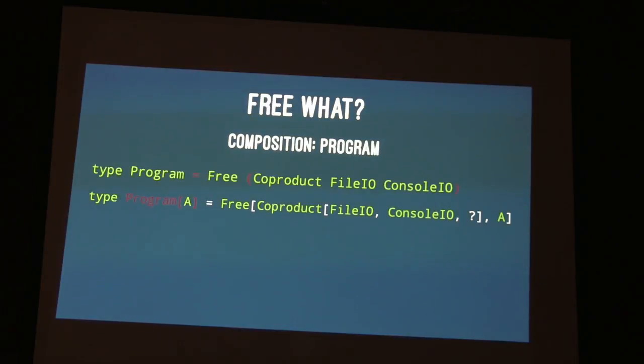And when I do this, I can define programs in Free that use the coproduct of two effects. And so now I'm able to basically compose effectful programs. I can have one program over here that does these effects and one program over here that does these, and I can compose them together into a program that does all of the effects.